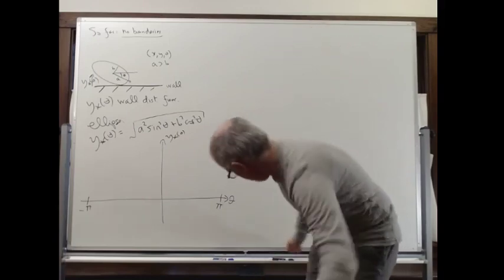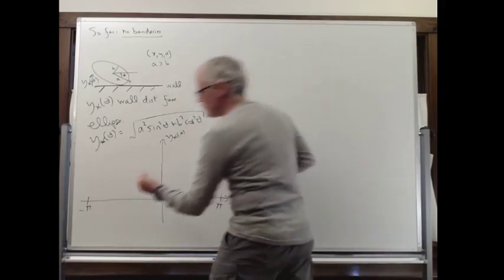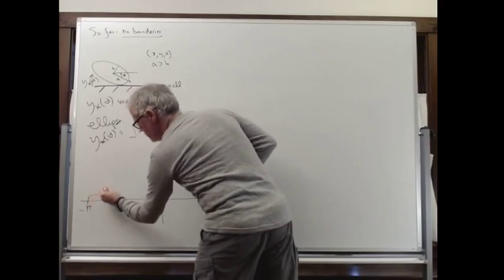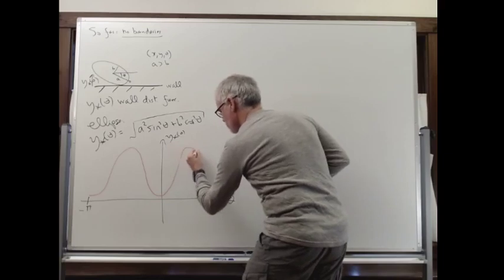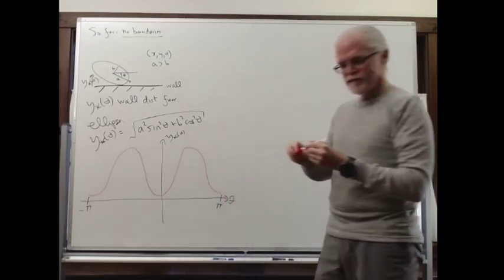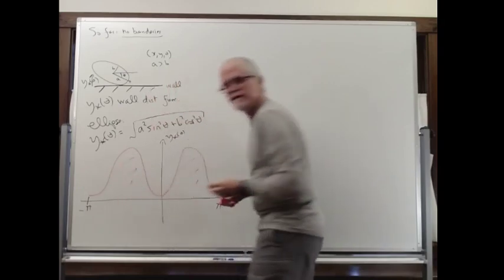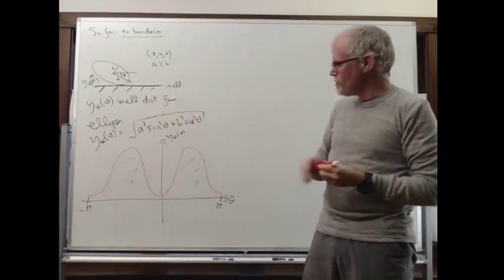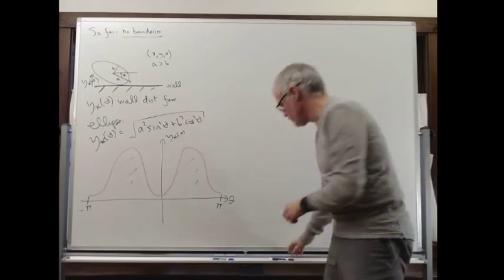So the wall distance function is this function. There's a point of closest approach. The function looks something like this, and this part of the domain is inaccessible. The swimmer is only allowed to be above this function y star of theta.